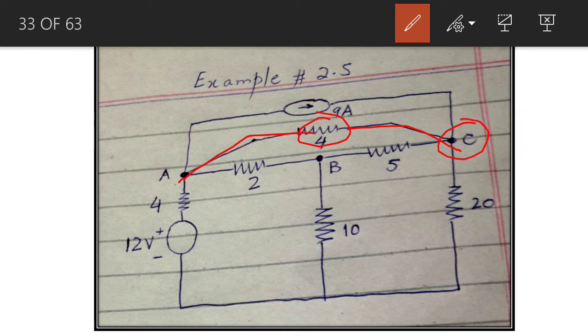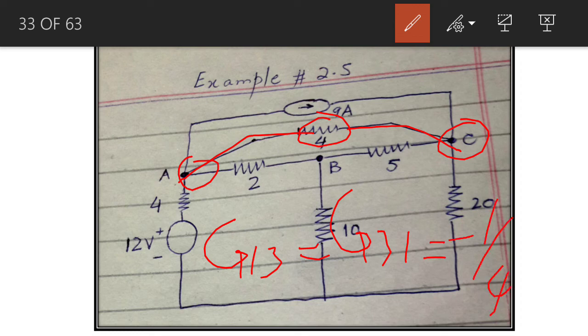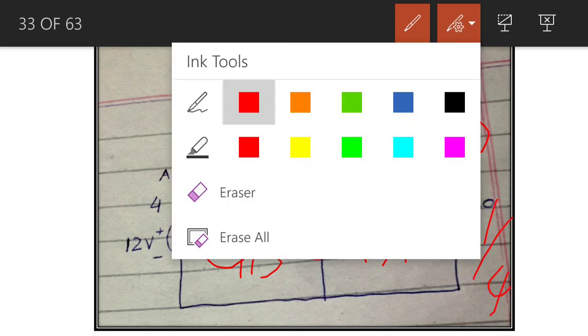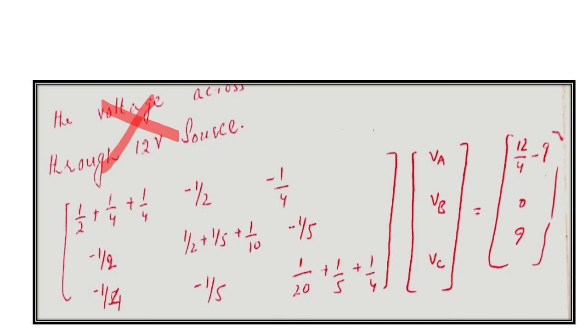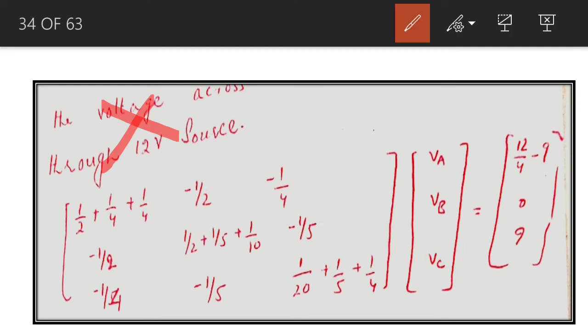Here is the third node, here is the first node. So G13, which is equal to G31, will be equal to minus 1 by 4, right? So this is how we calculate G13 and G31. So let us calculate G22.